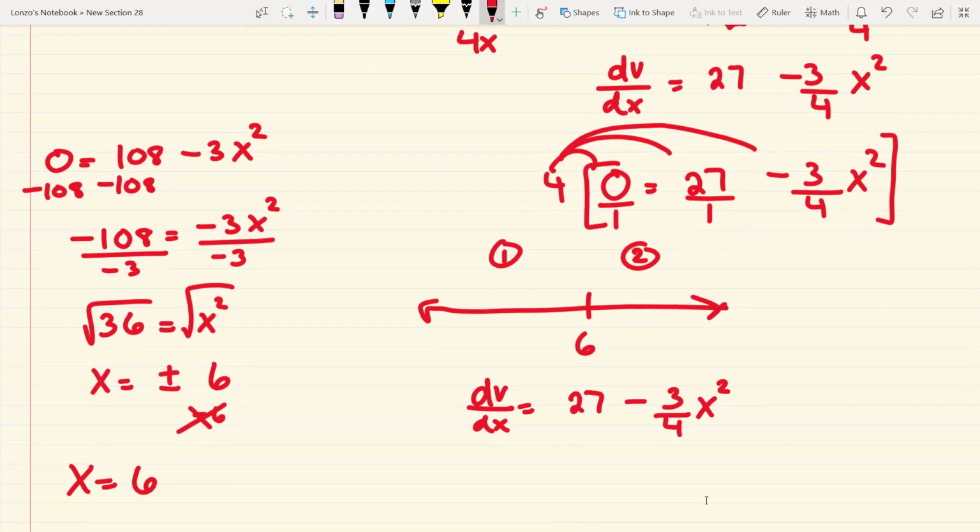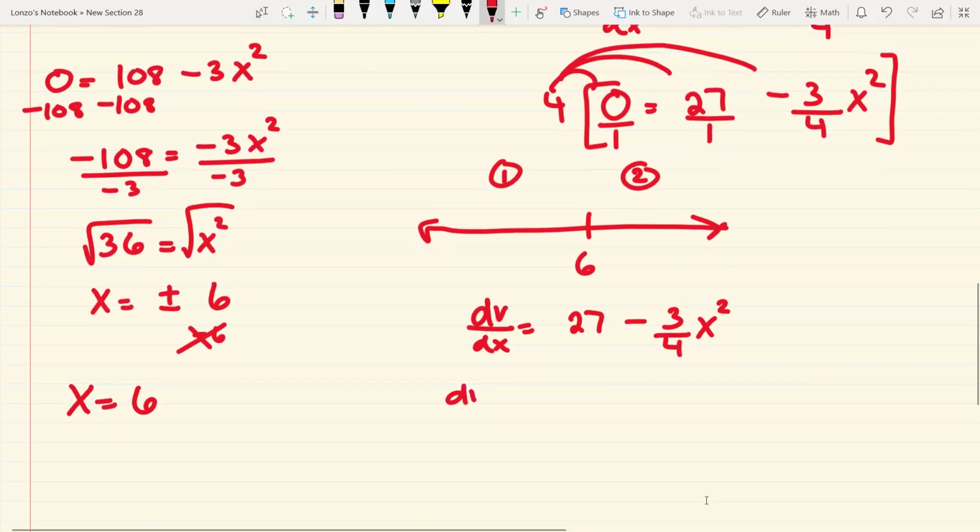I need a number less than 6. Maybe I could use, I don't know, 0. So this would be 27 minus 0. That would just be 27, right? I don't care about the number, I care about the sign. So 27 is positive. Let's test region 2.